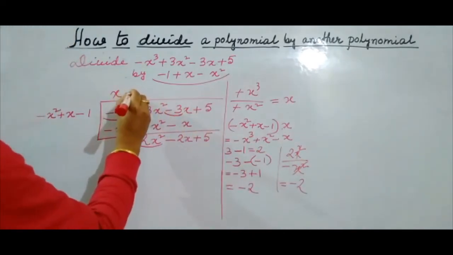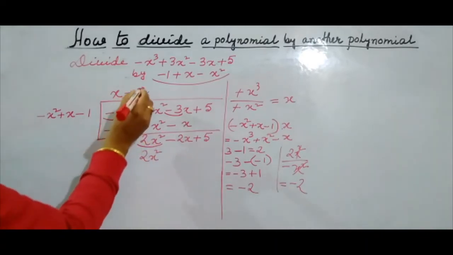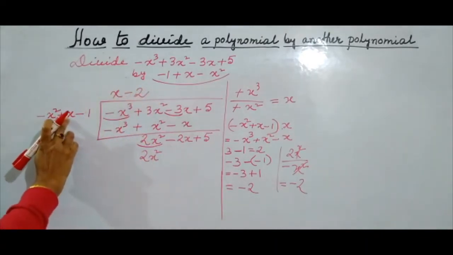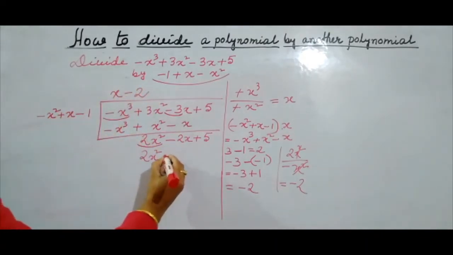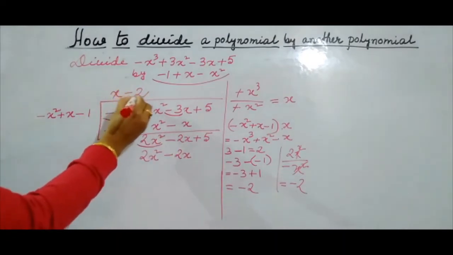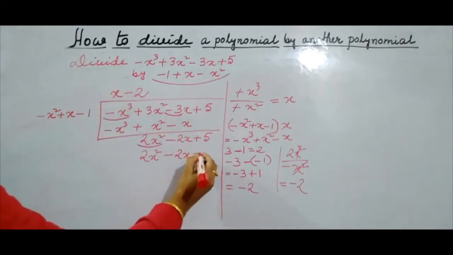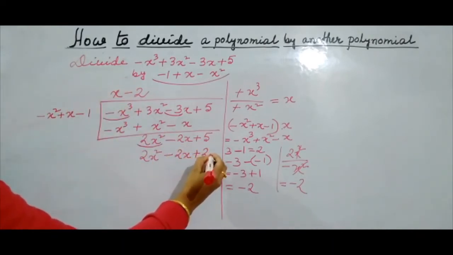So here it will be minus 2. Okay, so first term will be 2x square, then minus 2 into plus x, so it will be minus twice x, then minus 2 into minus 1. Minus sign will be plus. So 2 ones are 2.